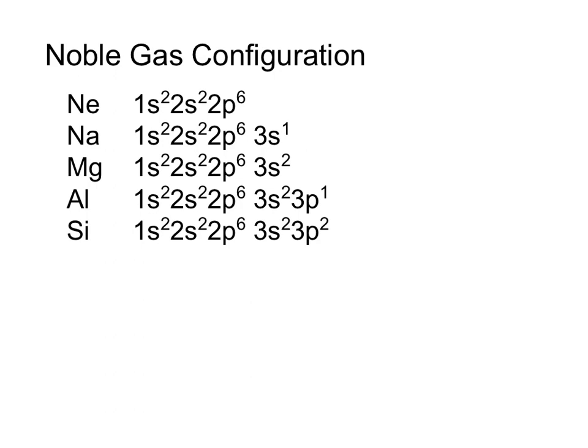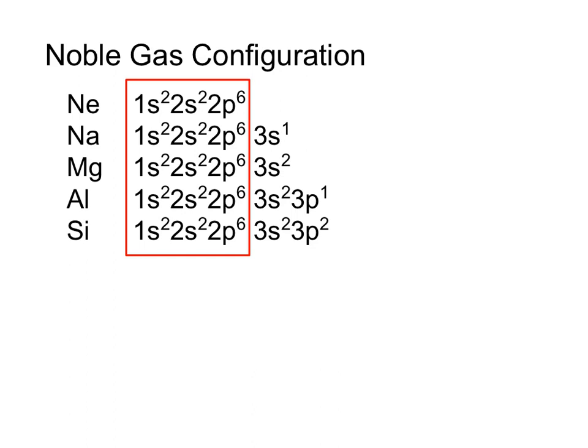Now if we look at all of these, and I take a look at a periodic table alongside this, you'll see that neon is the noble gas that comes before sodium, and then sodium, magnesium, aluminum, and silicon are all in the same period. If we take a look at these, though, we can see what the configurations have in common. They all have 1s2, 2s2, 2p6 in the beginning, which is the configuration for neon.